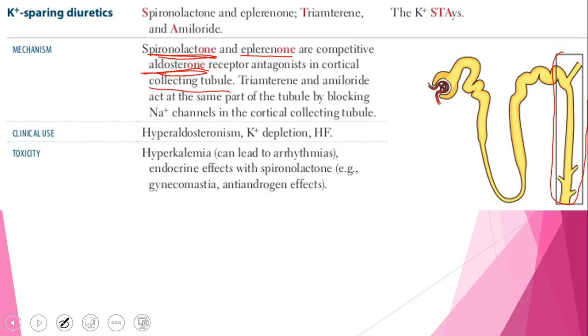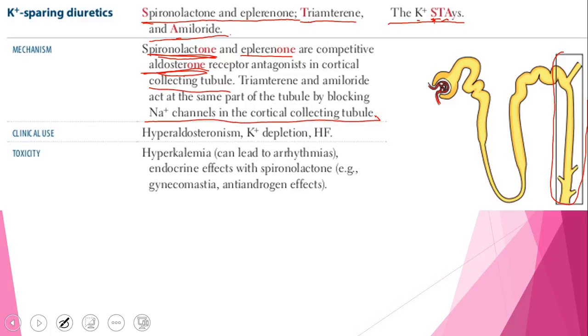And looking up here, it says spironolactone, eplerenone, triamterene, and amiloride. The potassium stays: spironolactone, triamterene and amiloride. It says triamterene and amiloride act at the same part of the tubule by blocking sodium channels in the cortical collecting tubule. Okay, good to know.